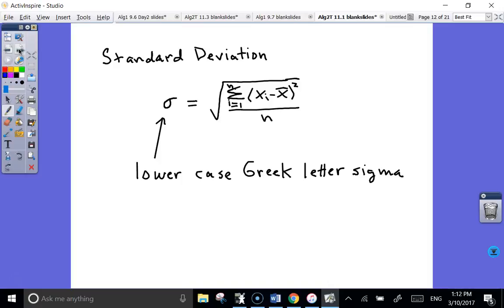So we're kind of mixing apples and oranges here, but we won't worry about it at this point. The standard deviation for a sample, you use S. You don't use sigma, you use S.